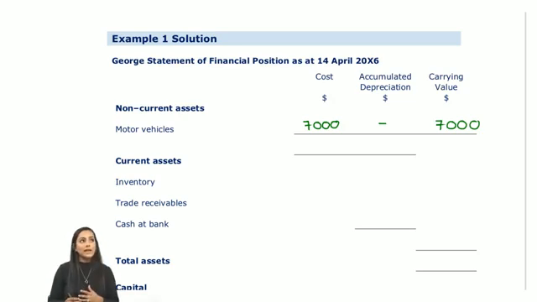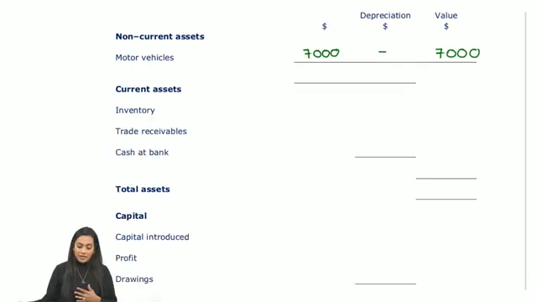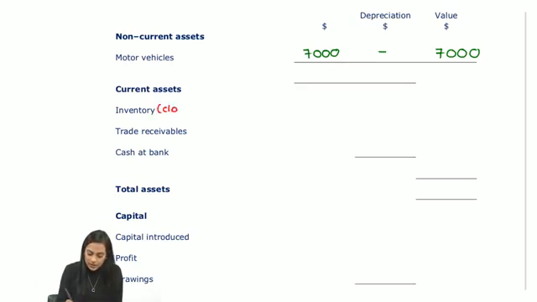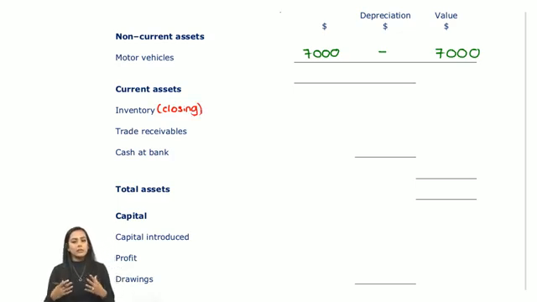Then we've got current assets made up of inventory. Remember, inventory is the closing inventory. What was the value of the inventory left unsold at the end of the 2-week period? It was 7,000. So 7,000 here. Trade receivables is 6,000.